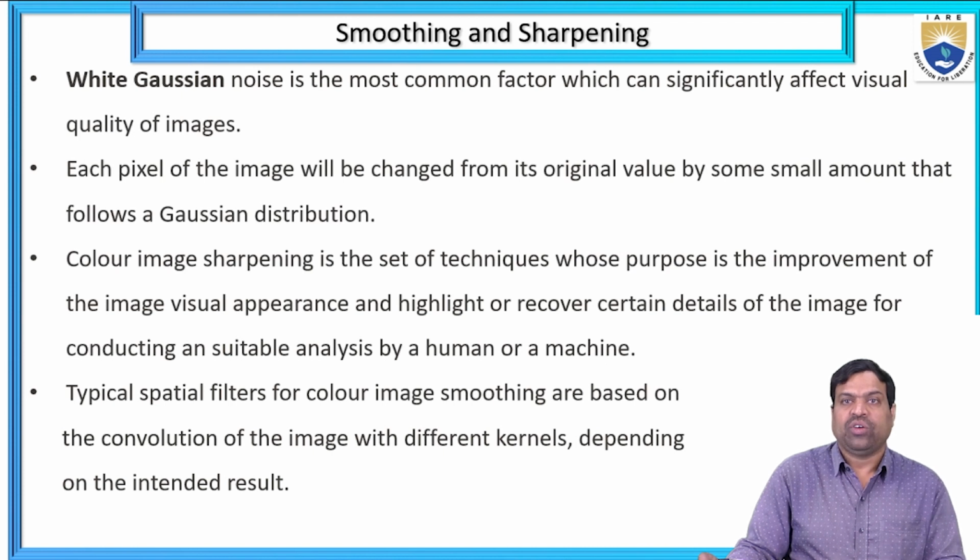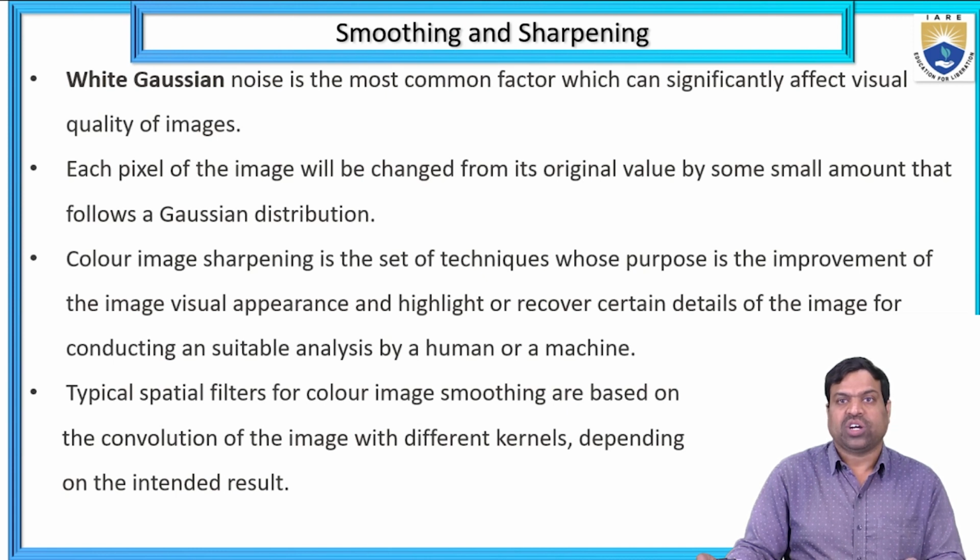Another one is white Gaussian noise. It is the most common factor which can significantly affect the visual quality of images. Each pixel of the image will be changed from its original value by some small amount that follows a Gaussian distribution.